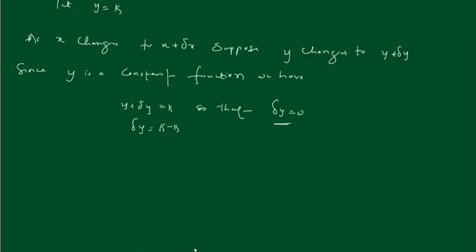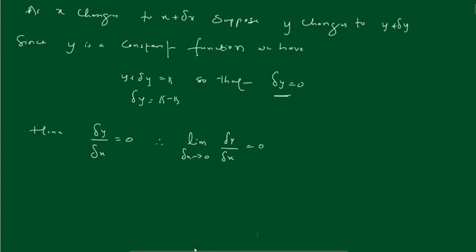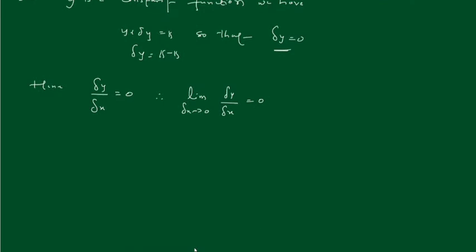So hence we can write delta y upon delta x equals 0. Therefore limit delta x tends to 0, delta y by delta x is equal to 0. So therefore dy by dx is equal to 0, or d by dx of k is equal to 0.